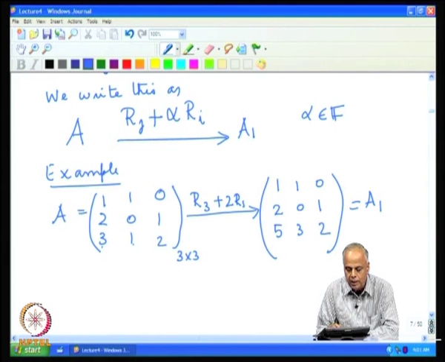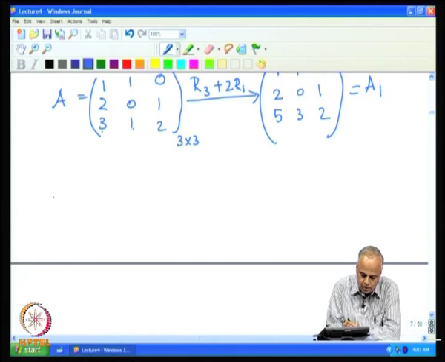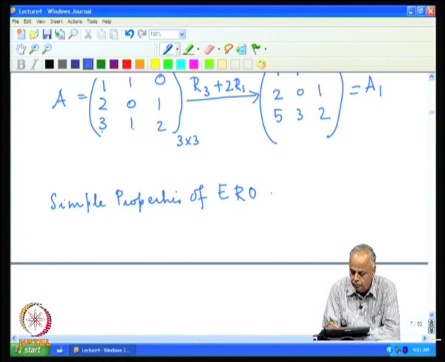If F is complex, it can be positive, negative, real, or it could be pure imaginary, or it could be any complex number. Now, let us look at simple properties of ERO of type 2.